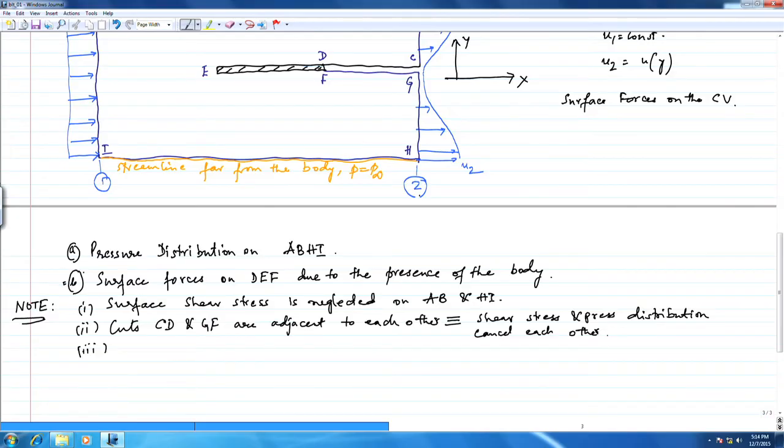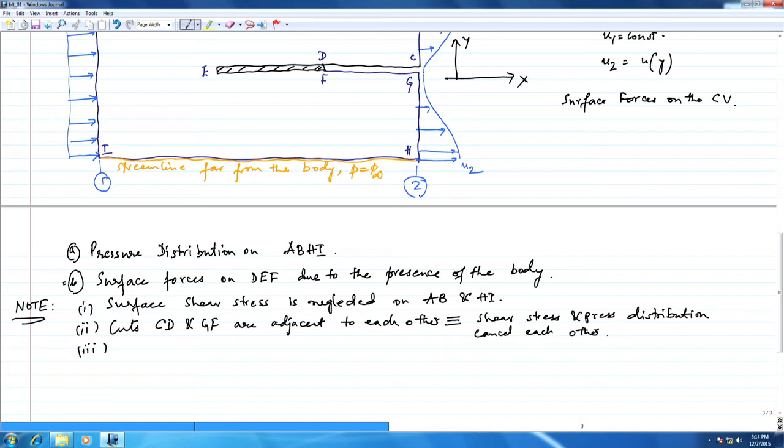So, here when I write B, when I say surface force in DEF, due to the presence of the body, it's the complete reaction to the presence of the body. And what is the body doing by its presence? Well, it is basically causing surface forces due to shear stress and pressure distribution.